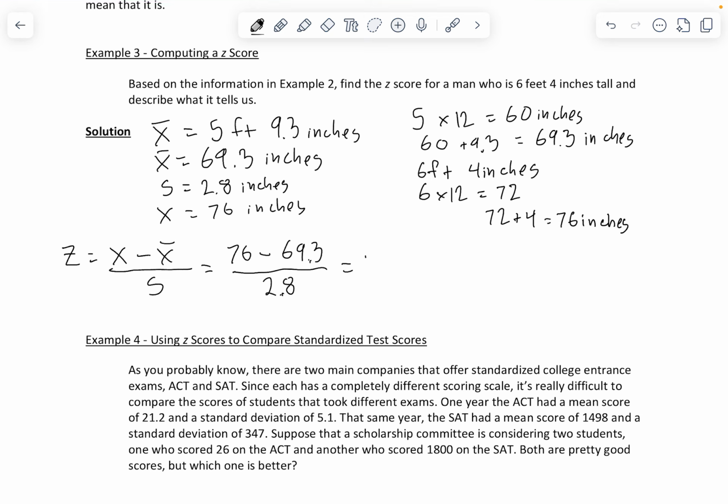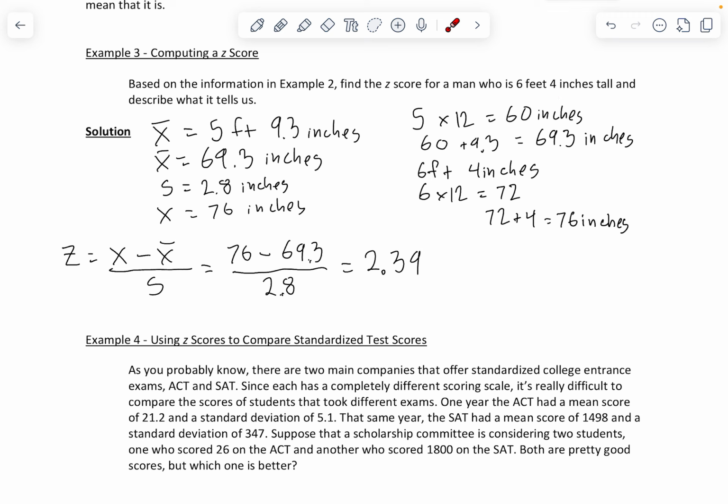This works out to be about 2.39 when I round it to 2 decimal places. So what does that mean? It means that the data value, 76 inches or 6 feet 4 inches, is 2.39 standard deviations above the mean.